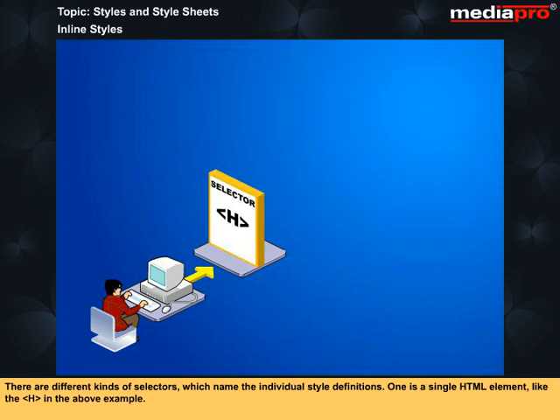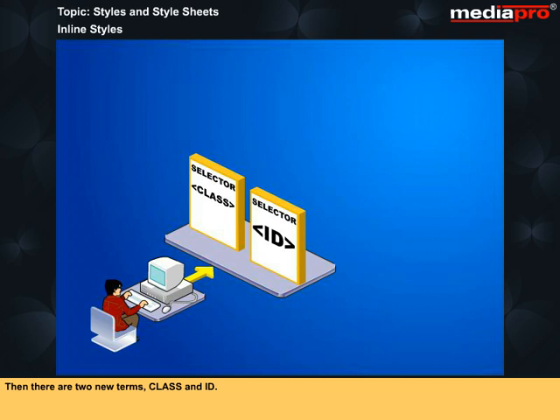There are different kinds of selectors which name the individual style definitions. One is a single HTML element, like the H1 in the above example. Another is more specific in defining an element in a particular context. For example, a selector P B would identify any bold tag contained within a paragraph tag. Then there are two new terms, class and ID.